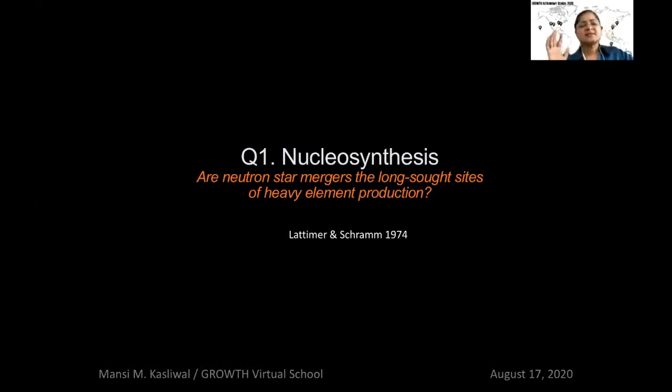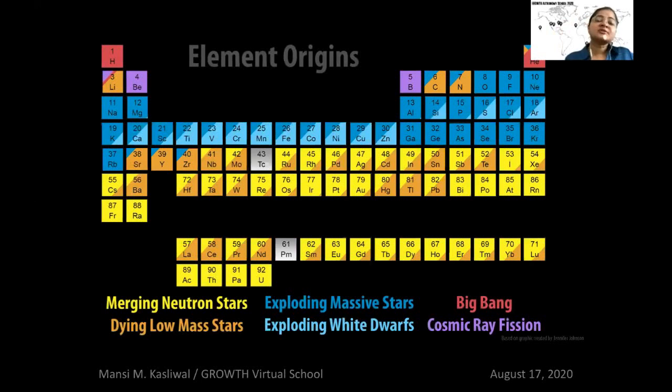So back in 1974, theoretically, this prediction was made many decades ago. But observationally, before August 17, 2017, if you looked at the periodic table, even though the periodic table was invented 150 years ago by Mendeleev, we didn't understand most of it.